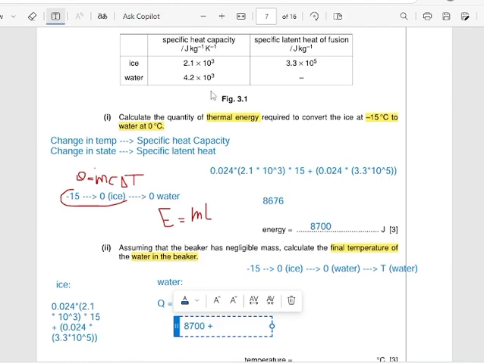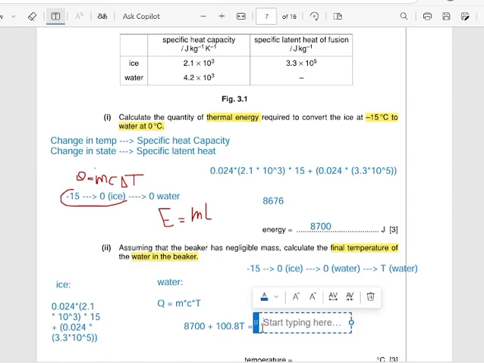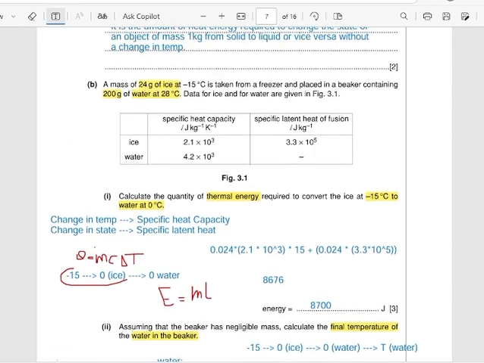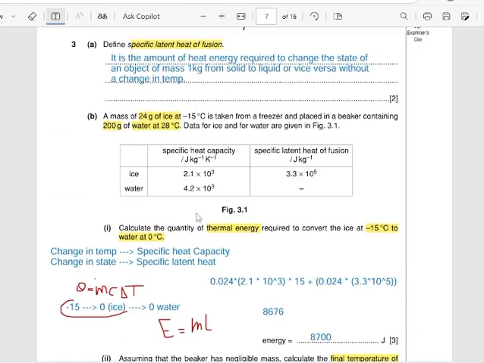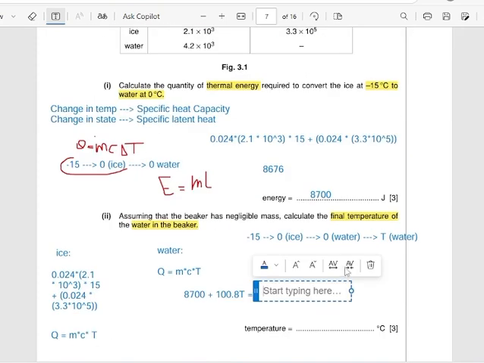So we take the specific heat capacity of water, which is 4200, and you get 100.8 T. Now this is equal to the mass of water, given as 200 grams, that is 0.2, into 4200, which gives me 840 into delta T.